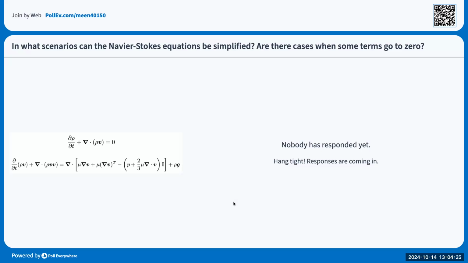So you look at these equations, how can you get rid of terms? V is the velocity, rho is density, P is pressure, gravity, viscosity. How can these be simplified?